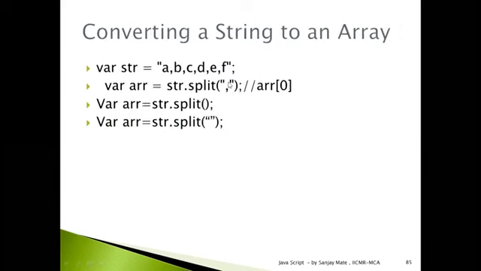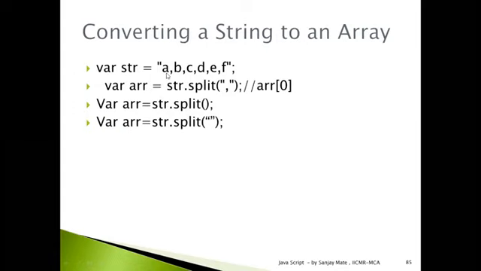At the last, if you want to convert the string to an array: I have one string, a, comma, b, comma, c, comma, d, comma, e, comma, f. I want to convert this string to an array, or store the string into an array, so I can access one character at a time. In that case you can use the split function, str.split.